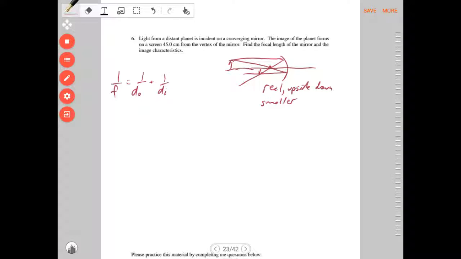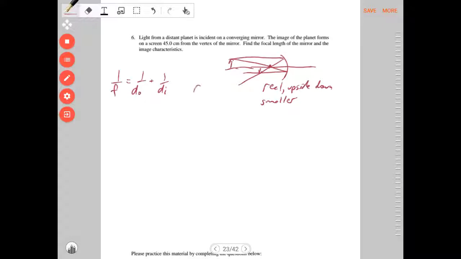That's really, really far away. So do is absolutely huge. And 1 divided by a really, really big number is just about 0. So this part here, mathematically, equates to 0. It's so small, it's not going to affect the 1 over di.